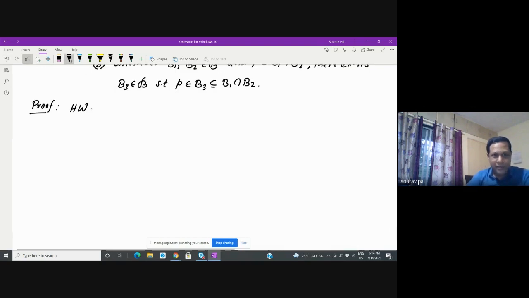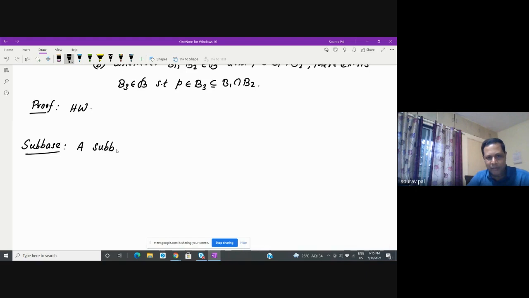What is a subbase? That is another notion. A subbase is a collection such that if you take all possible finite intersections from this collection, that will form a base.